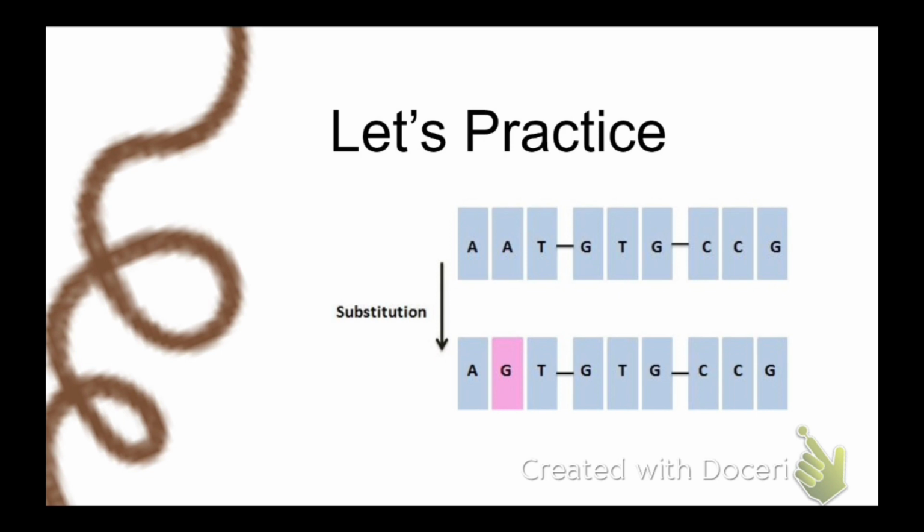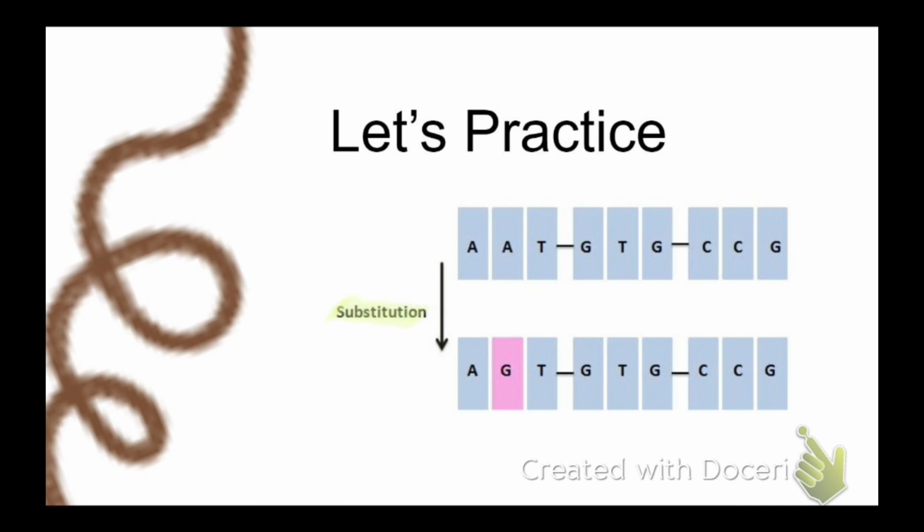What type of mutation is this? Look at your notes. Which one is this? Substitution. It's literally written there. Hey, Tatiana, what type of mutation is this? It's written on the screen. Oh, substitute. Good job, Tatiana. Let's look at the next one.